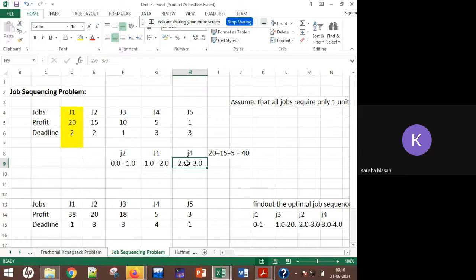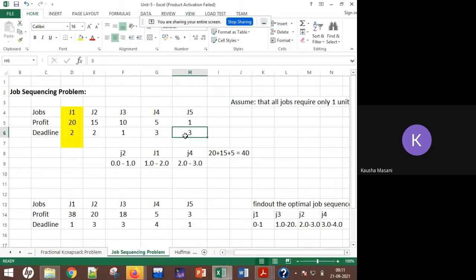Are you guys getting what we are doing in this job scheduling? We are first of all arranging all the jobs in descending order based on their profits. Then we are checking the maximum deadline of the given jobs. We found out that 3 is the maximum deadline, so at max the machine will run up to 3 units of time.